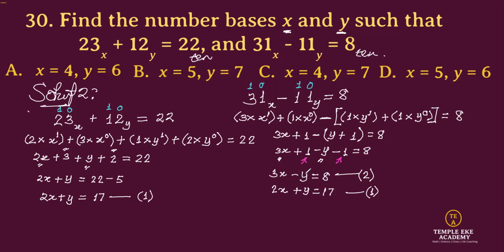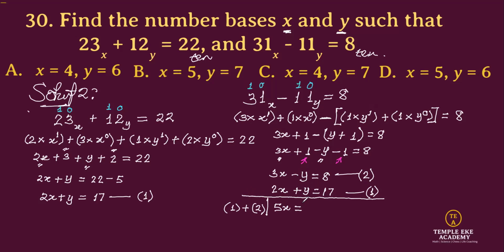Now you can look out for one of my videos on simultaneous equations. You know, the best move here is to add up these equations and eliminate y in that process. So the command is equation 1 plus equation 2. And let's execute that command. 3x plus 2x gives us 5x. Minus y plus y cancels out, and that's elimination of y.